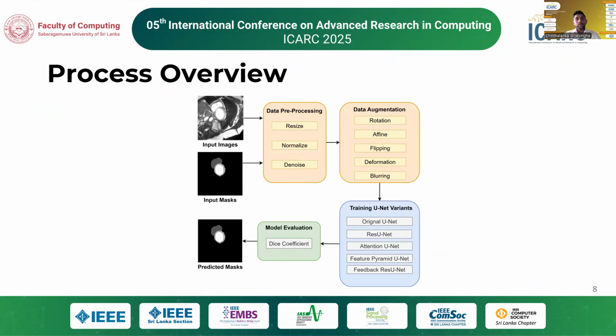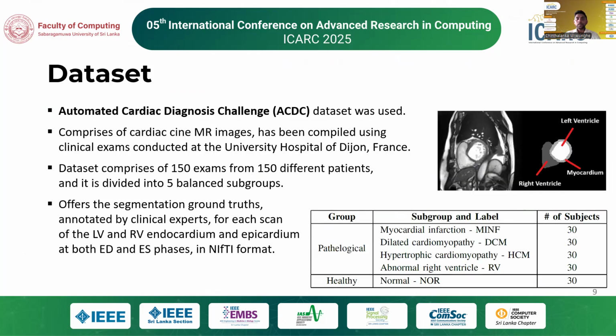The overall process of CMRI segmentation consists of data pre-processing, data augmentation, model training, and evaluation as shown in this figure. The Automated Cardiac Diagnosis Challenge dataset, which consists of cardiac cine MRI scans, was used as the primary dataset for the study. It includes 150 patient cases with 100 used for training and 50 for testing.